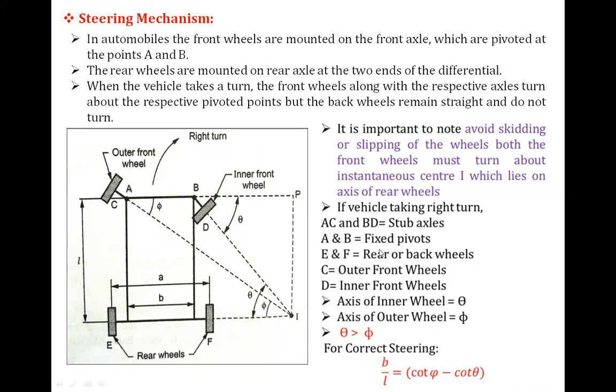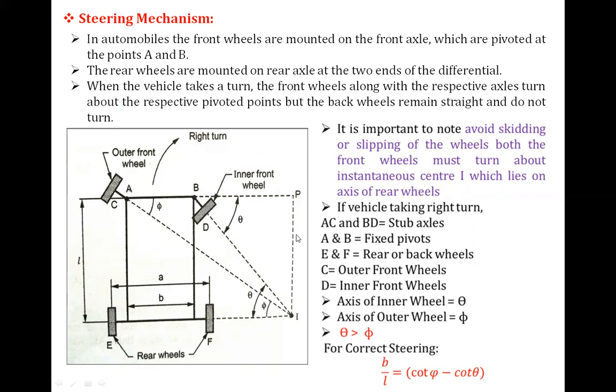A and B are the fixed pivots, and E and F are the rear or back wheels. AC and BD are the stub axles. C is the outer front wheel, and D is the inner front wheel.